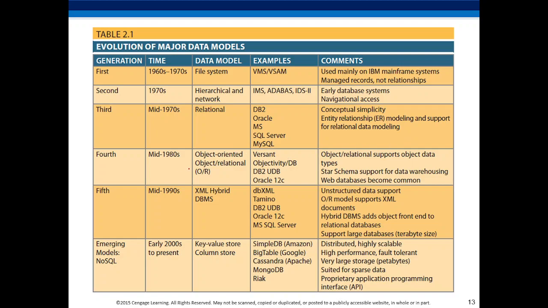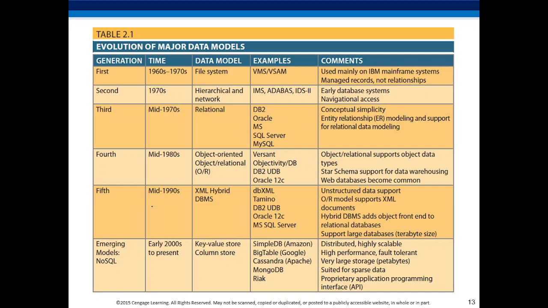And then sa object-oriented, ang model diri is object and relational, supports object data types, may star schema. Then here we have the XML hybrid and structured data support na siya. So, kay diri sa relational and sa object-oriented, may structure na siya gina-follow.